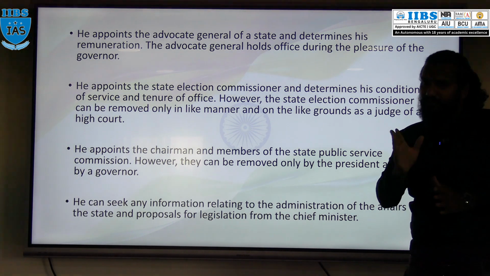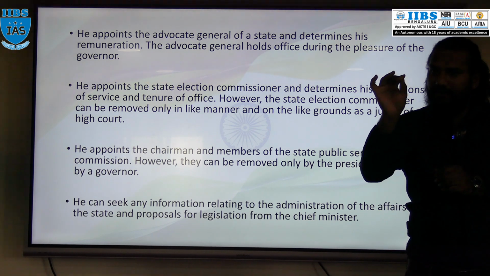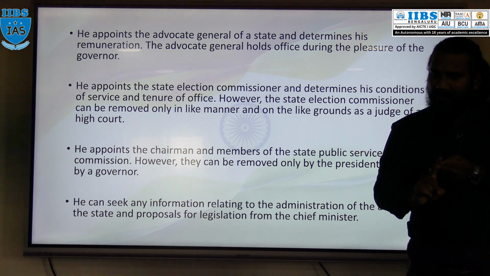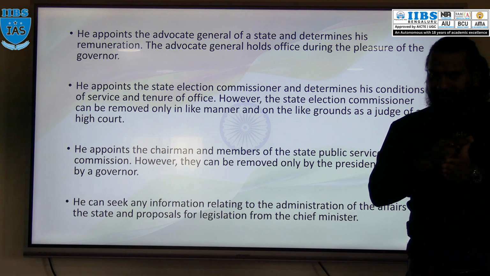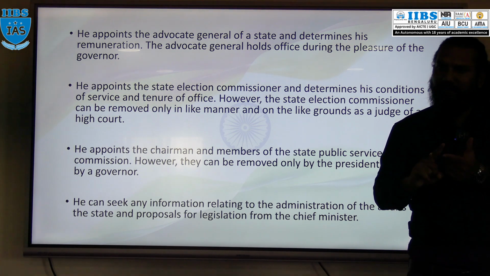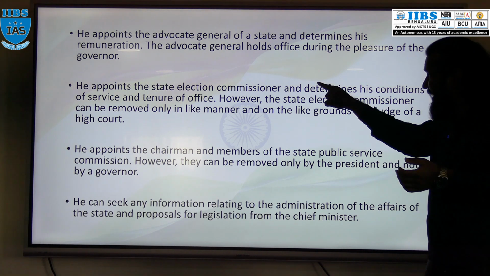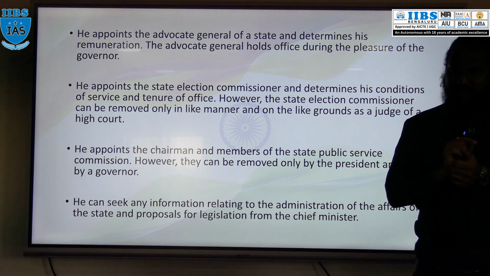Now, if you observe, the Election Commission of India will conduct the elections to the President, Vice President, Lok Sabha and Rajya Sabha, and at the state level also, Assembly and MLC. That is the Election Commission of India. But the State Election Commission will conduct the elections to the local bodies in a state.